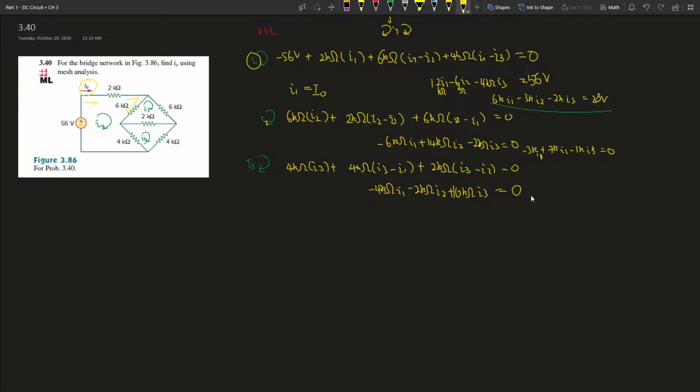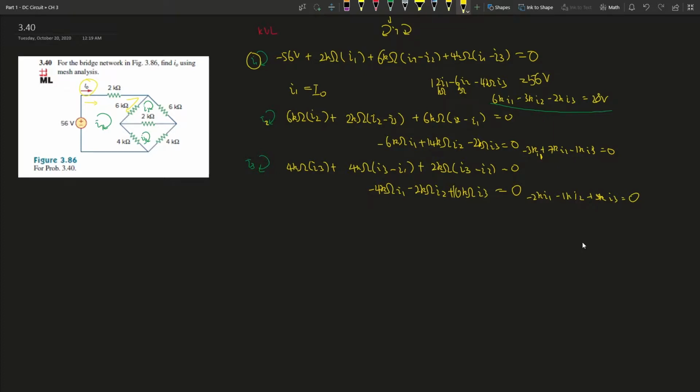And the third: negative 2k I1, negative 1k I2, and plus 5k I3. This whole thing gives you 0.